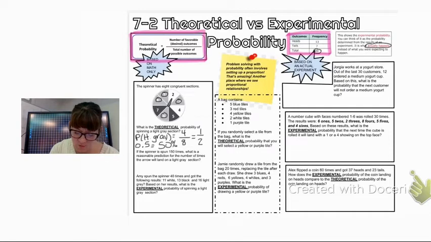If the spinner is spun 150 times, what is a reasonable prediction for the number of times the arrow will land on a light gray section? Again, we're not actually spinning it 150 times. It says if. Well, we know that the probability of getting light gray is 1 out of 2. This is saying, well, what if we spin 150 times?